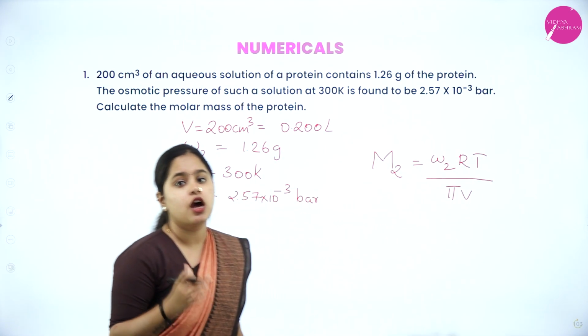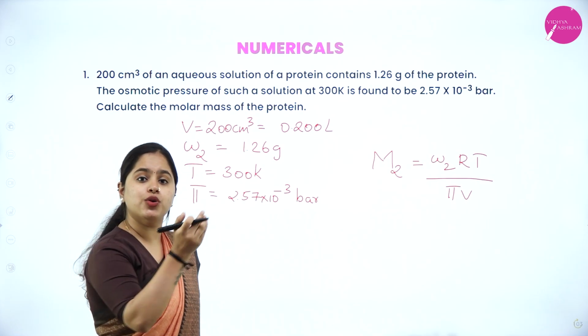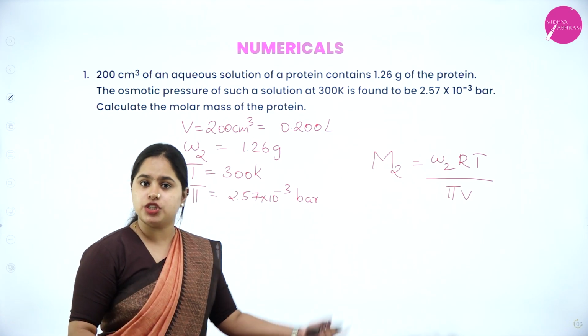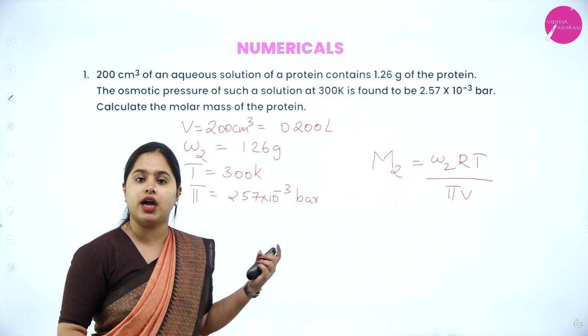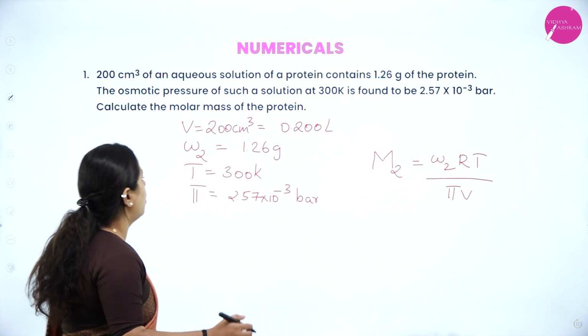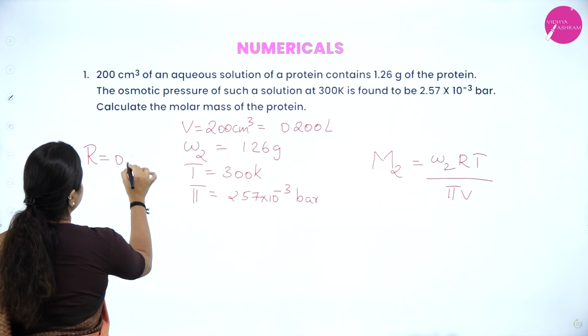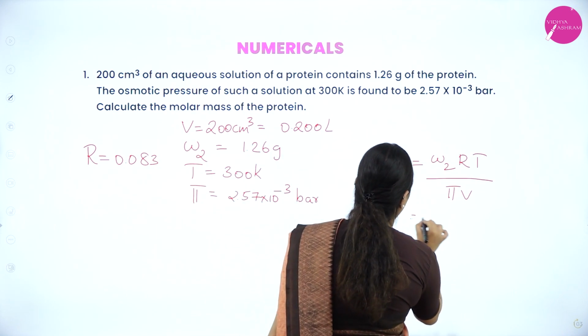We have studied this under the colligative property, osmotic pressure, how you can calculate the molar mass. So we rearranged the equation and we had studied this equation, M2 is equal to W2RT by pi V. So what is the R value that you have to use here? It is 0.083. What is W2?